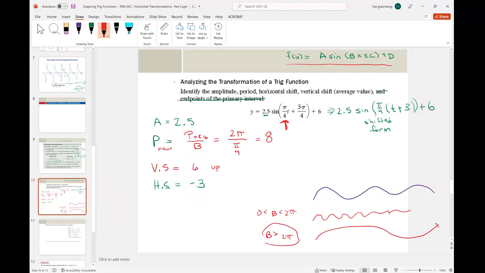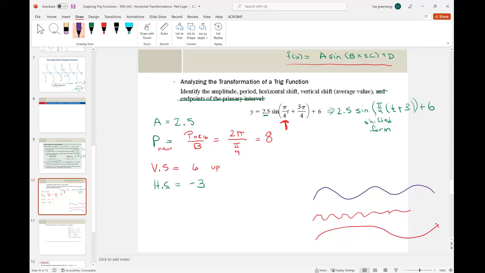So I got that backwards. Hold on. When B is greater than 1, that's what I want to say. Sorry about that. We're really talking about when B is between 0 and 1 and when B is greater than 1, and that changes the period.